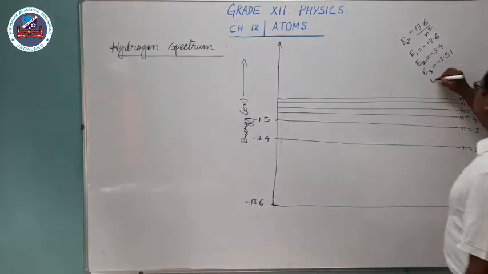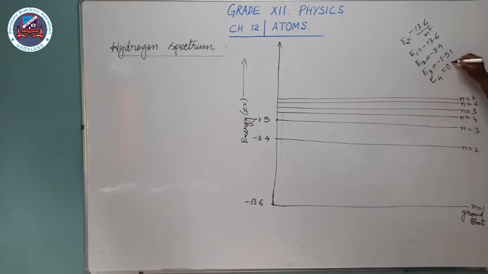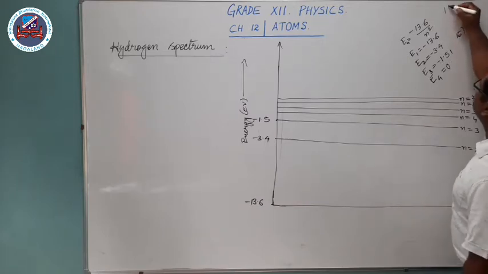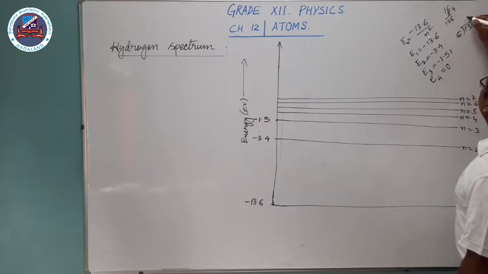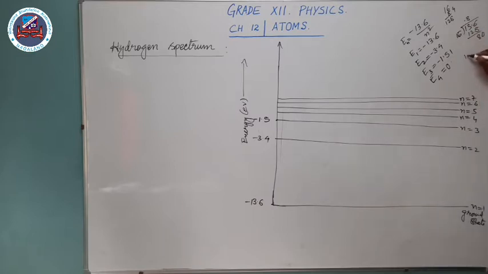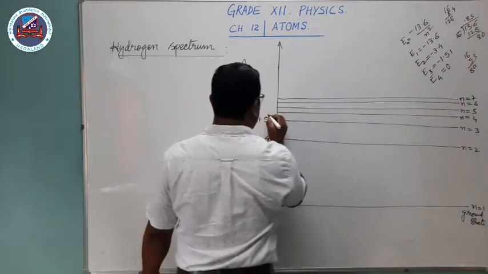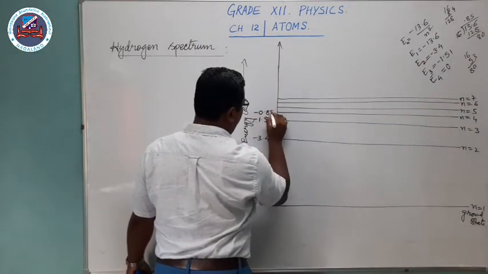Then E4: 4 square is 16, so minus 13.6 divided by 16, which is minus 0.85 electron volts.